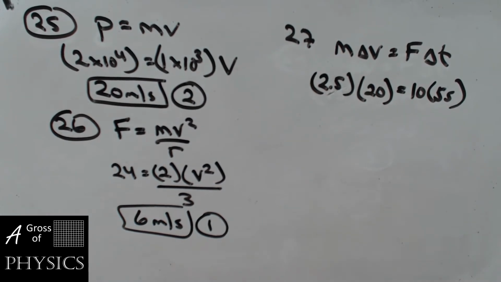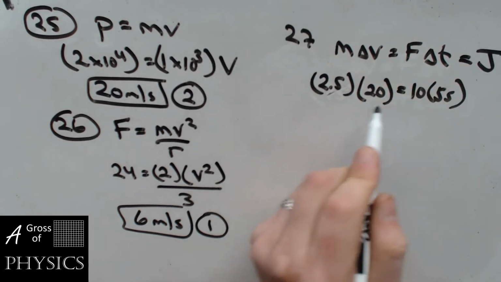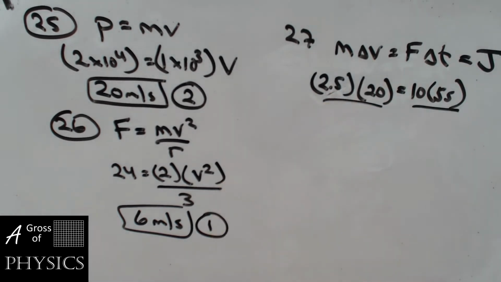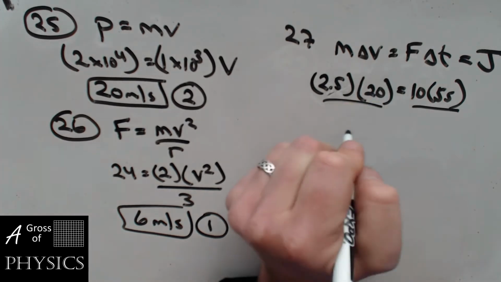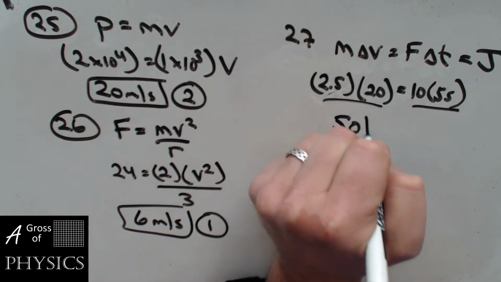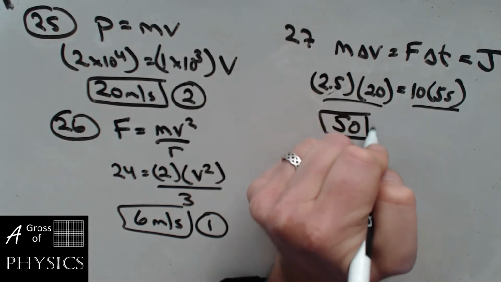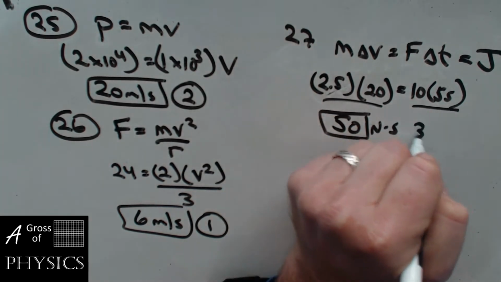We know everything. Aha, but we're looking for the impulse, and all of these equal J. So we could solve for either side, and let's make sure they're the same. 2.5 times 20 is 50, and 10 times 5 is 50. So 50 is the impulse, and that's Newton seconds, and it's choice 3.